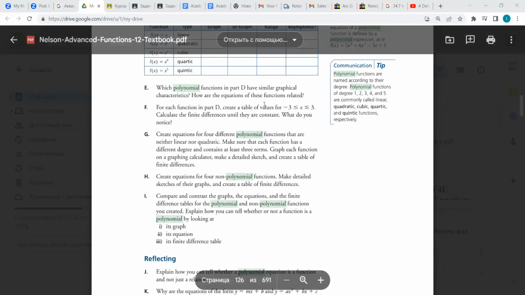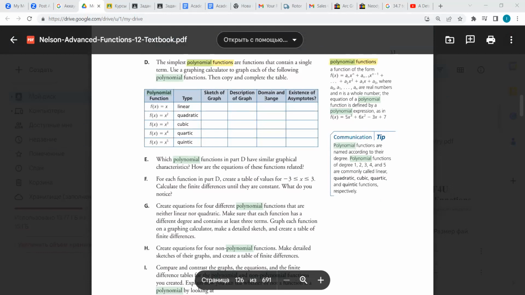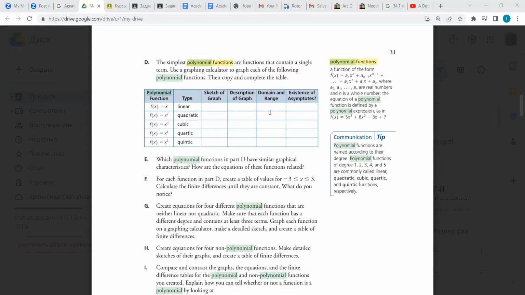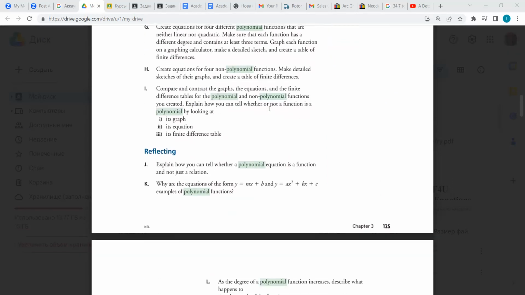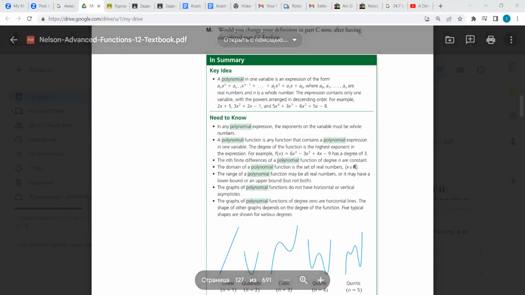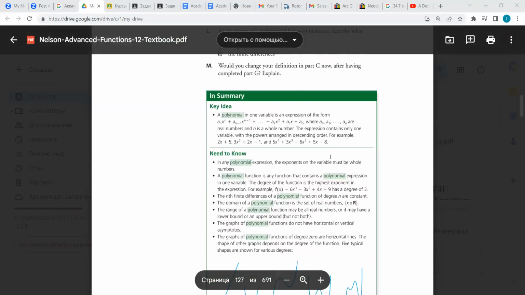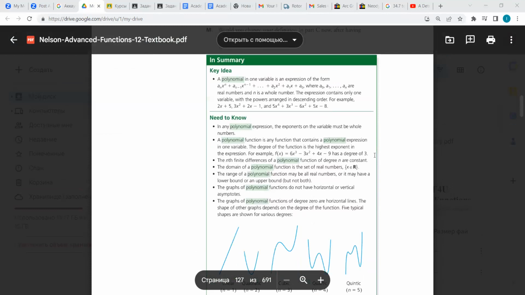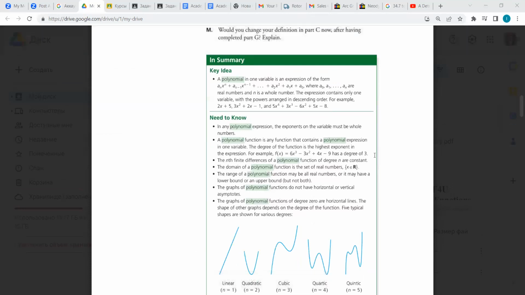So these are the general and most important understandings of polynomial functions. Let's summarize the key ideas, because this is just an introduction to polynomial functions.